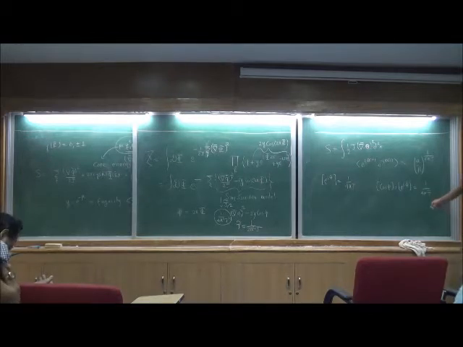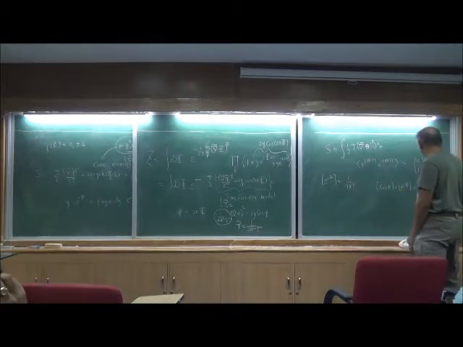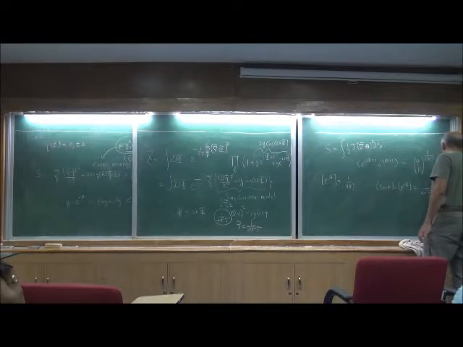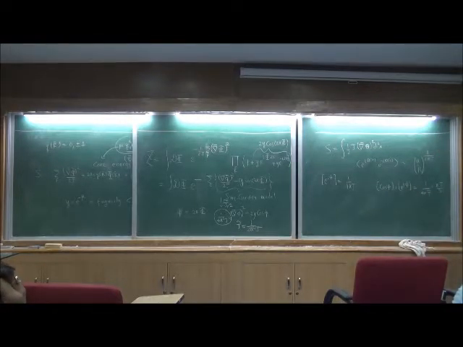So this j tilde, I know what it is. So this looks like pi j over 2. Now something is wrong. I think it should be pi j. It shouldn't be pi j over 2.